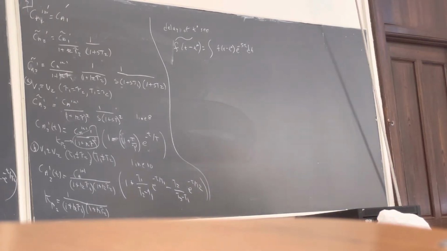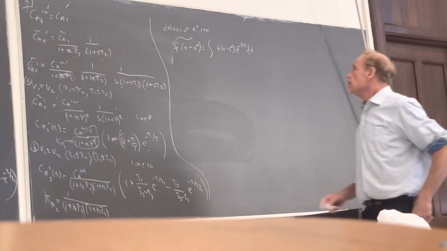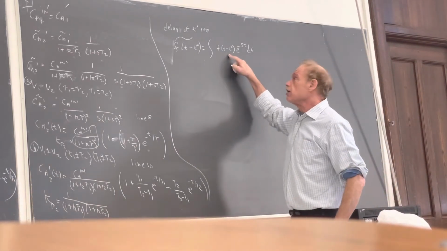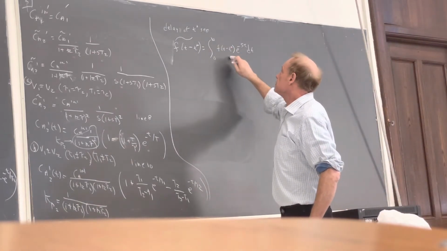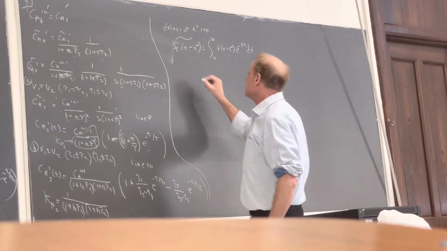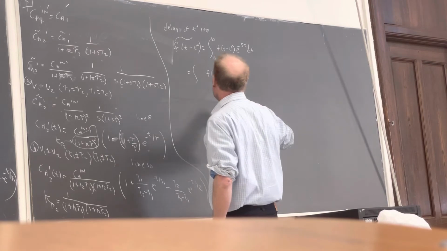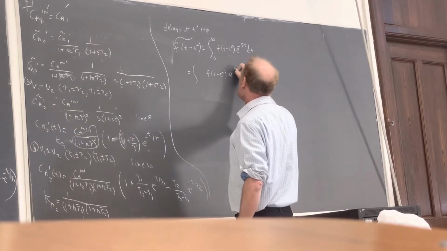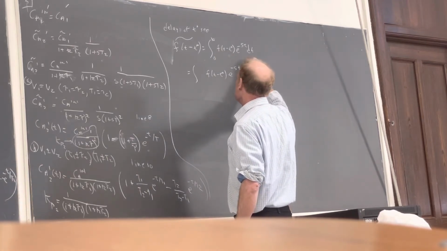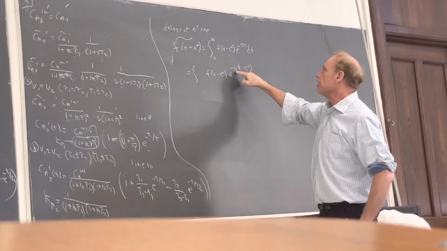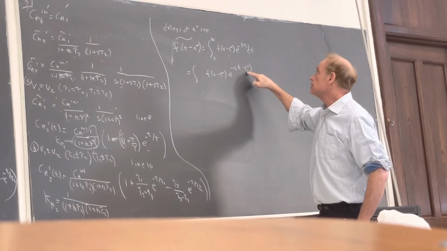Is that better? Okay. So in order to do this, I want to change variables from t to t minus t star. So this is equal to the integral of f of t minus t star. And now what I'm going to do is take t minus t star here, which means I multiply by e to the plus s t star.